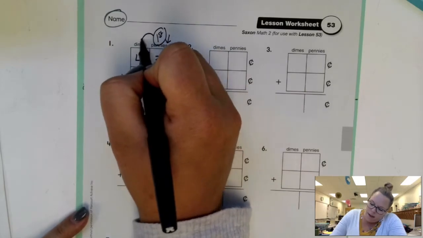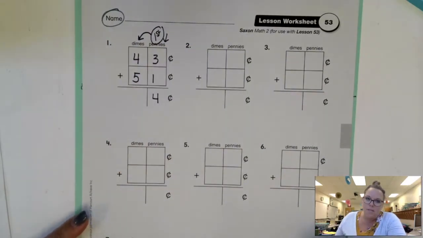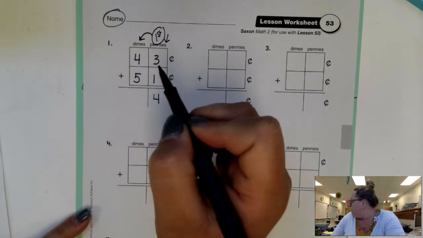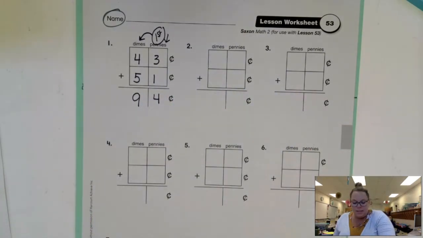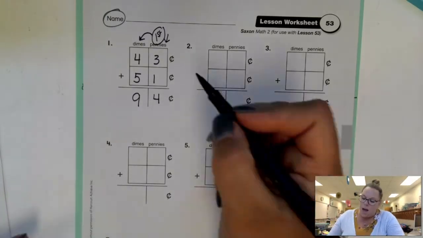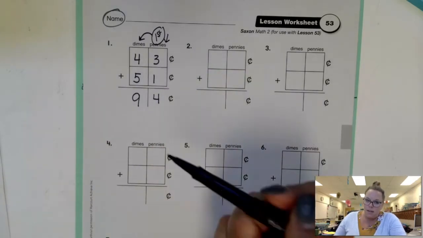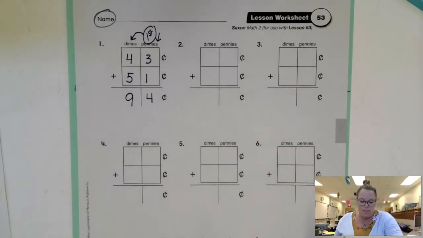Now that I've done that, I can go to my dimes second. What is 4 plus 5? It is 9. Right. So we know that we would have 94 cents. I have 4 total pennies, and I have 9 total dimes, and that's 94 cents.